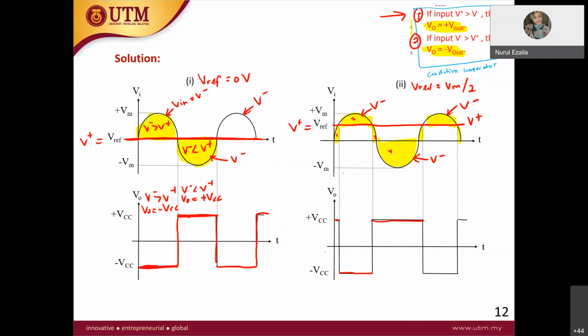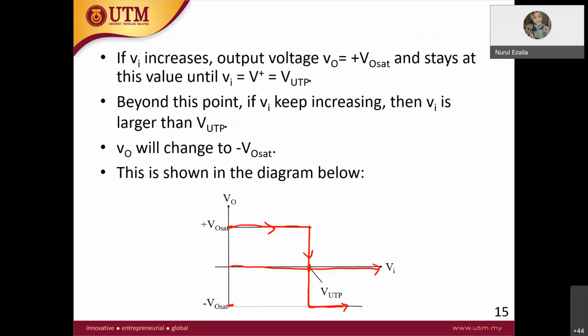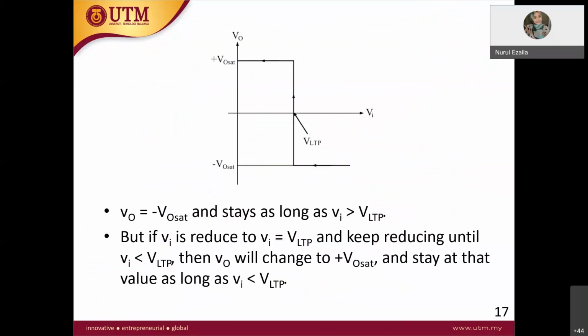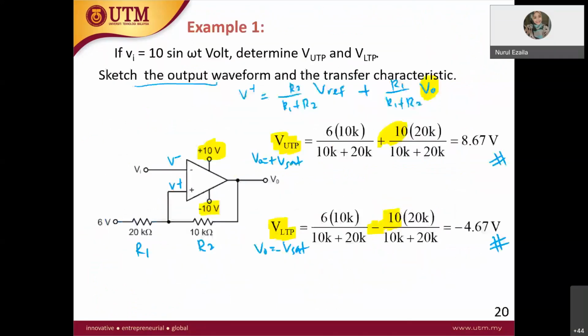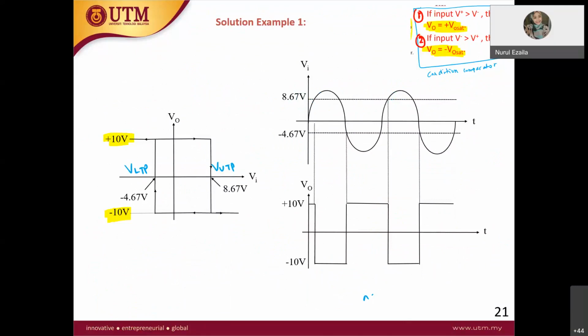So now you have two lines, at VLTP and VUTP. So you need to apply the same condition, but you have two lines. One line here, VUTP. One line here, VLTP.